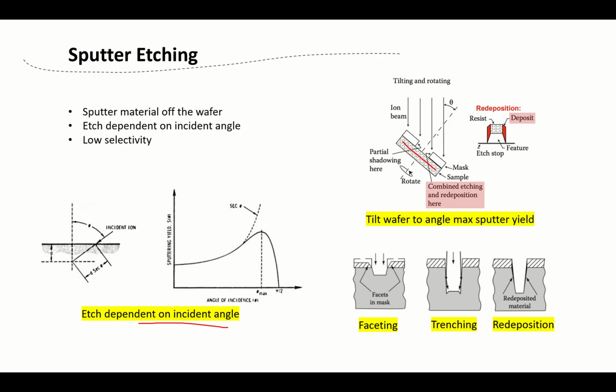However, there will be some issues. First, different angles will have different etch rates, which is called faceting, and also the reflection off a sidewall will produce a deeper edge, causing trenching. And also because you tilt the wafer, sometimes material will deposit on the sidewall, and this will cause redeposition, which will contaminate the wafers.